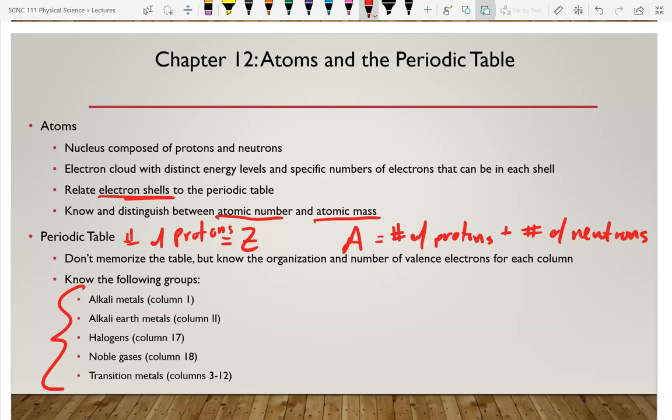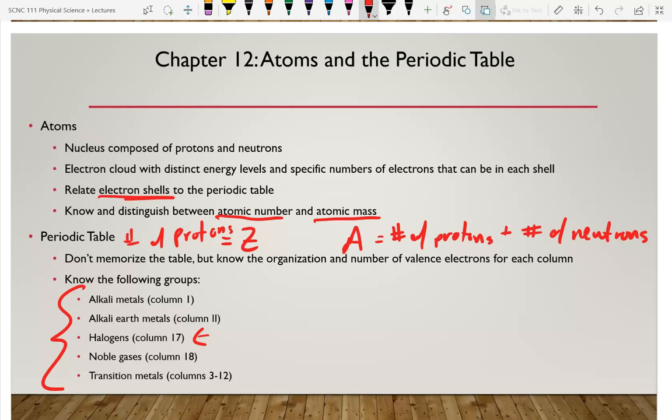And then don't worry about the next few groups. Don't worry about the chalcogens, but do worry about the halogens. So group 17, the halogens, that's the ones with fluorine, chlorine, bromine. And then group 18, the noble gases or the inert gases.